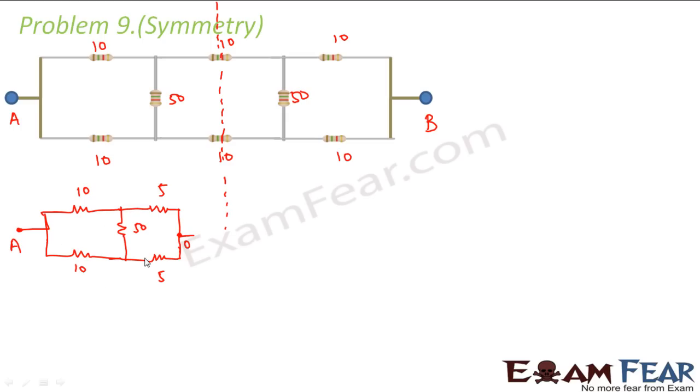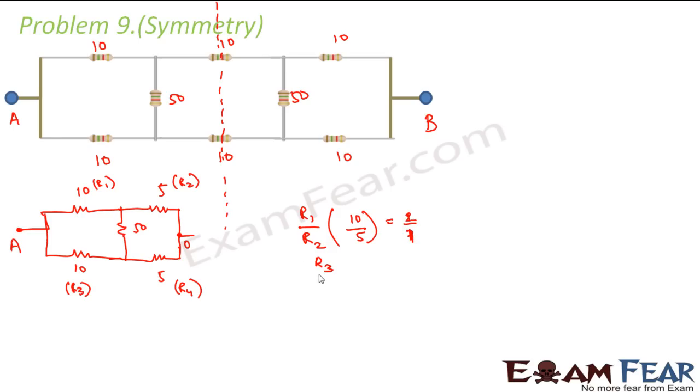Now if you look at this, does it resemble a Wheatstone bridge? Yes, it does. In the previous case it was not a Wheatstone bridge because the middle resistor was located like this, but here it resembles a Wheatstone bridge. So this is R1, this is R2, this is R3, and this is R4. R1 by R2 is 10 by 5, which is equal to 2 by 1.